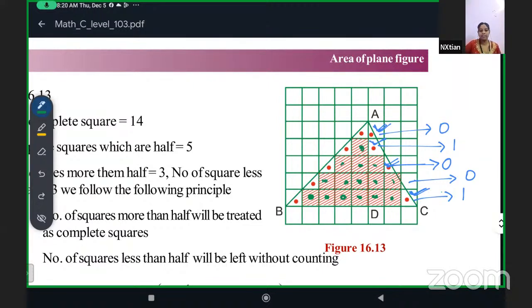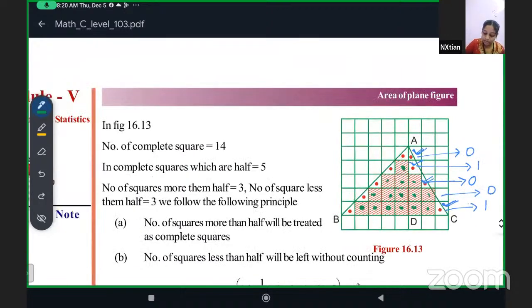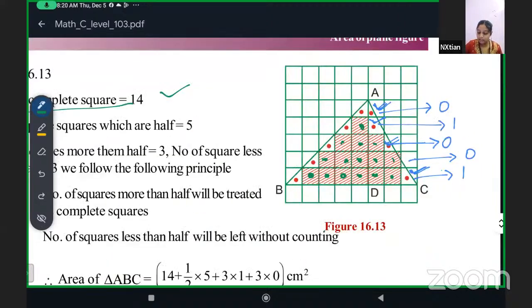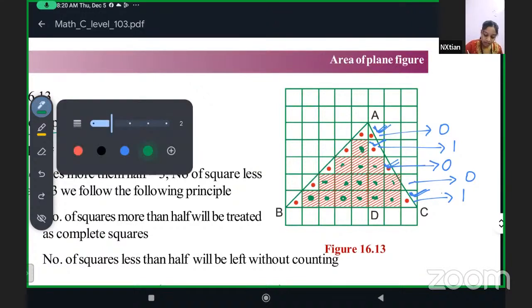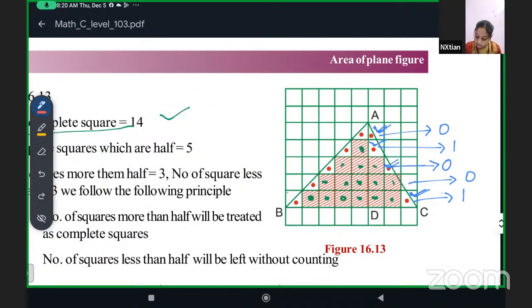We have 14 fully shaded squares. So we can write number of complete squares: 14. Then the incomplete squares which are half. We will check out how many are half. We have 1, 2, 3, 4, and 5.